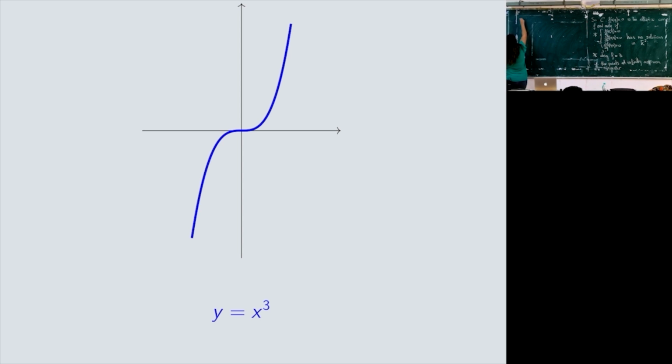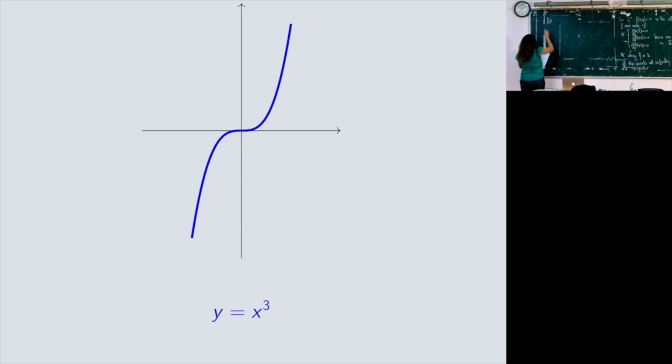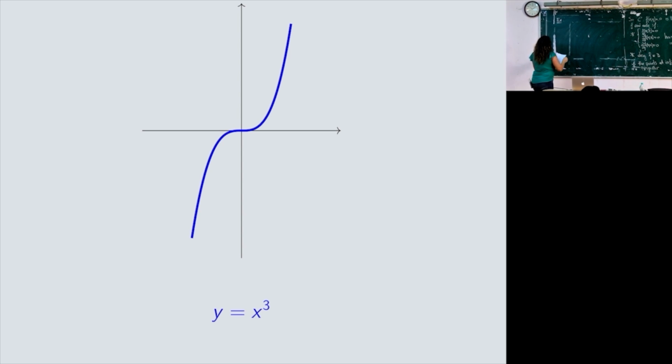We saw two examples, I'm writing them here as well: y squared equals x cubed plus 1, and y squared equals x cubed minus x.